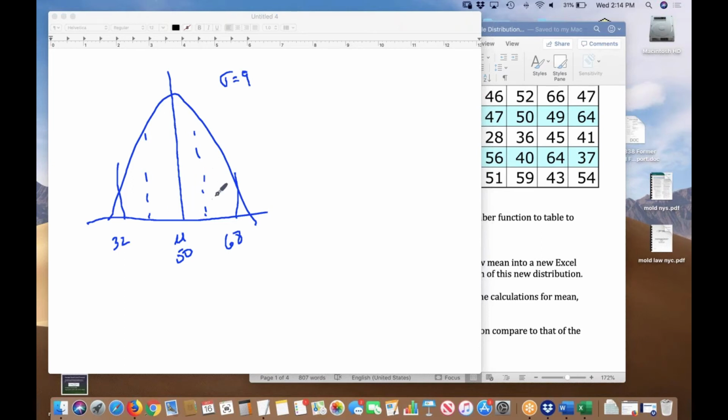If I take repeated samples of size 9 from this population, as we've just demonstrated, what's it going to look like now? Well, it's still going to have a mean of 50, but the distribution of the means of repeated samples of size 9 from this population is going to be much narrower.